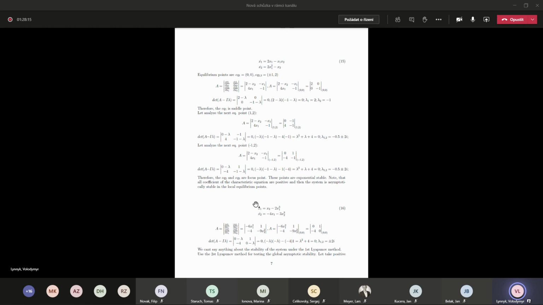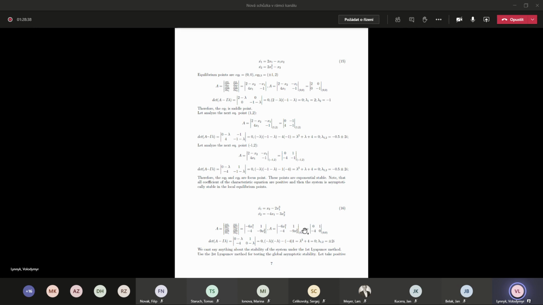The next example: x1 dot equals x2 minus 2x1 cubed, x2 dot equals -4x1 minus 3x2 cubed. We apply the indirect Lyapunov method and calculate the Jacobian.